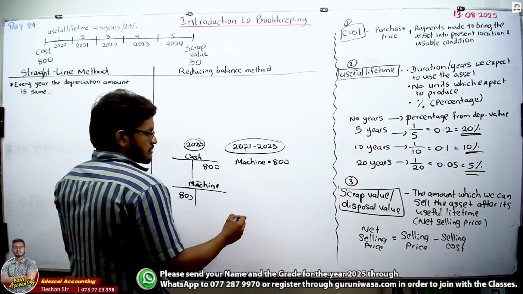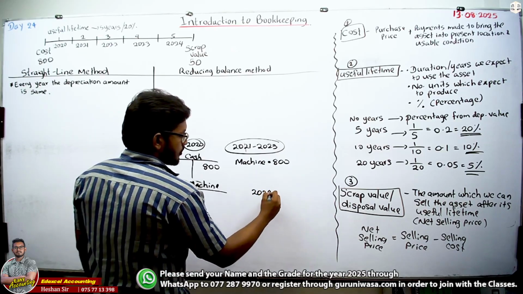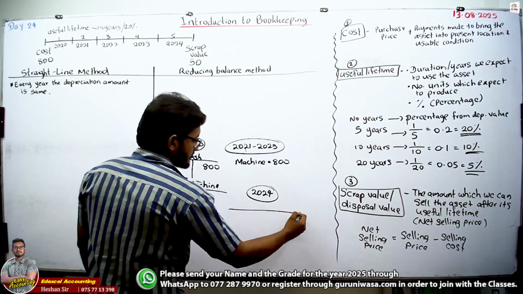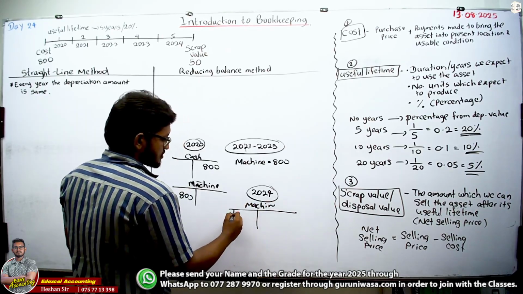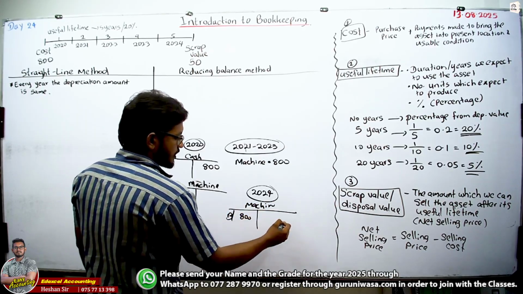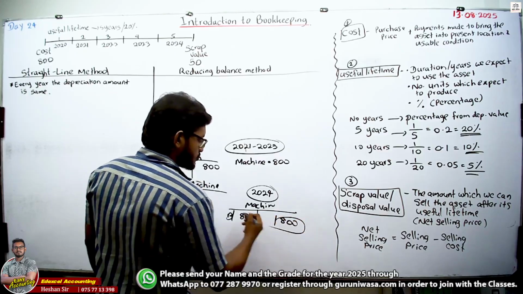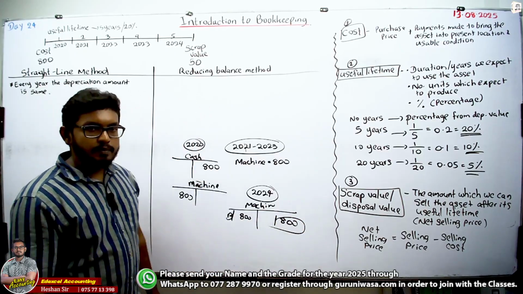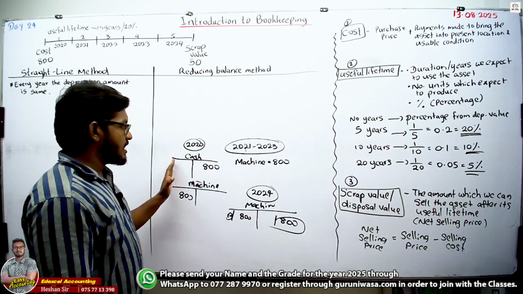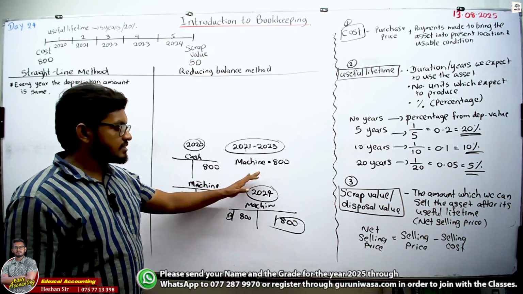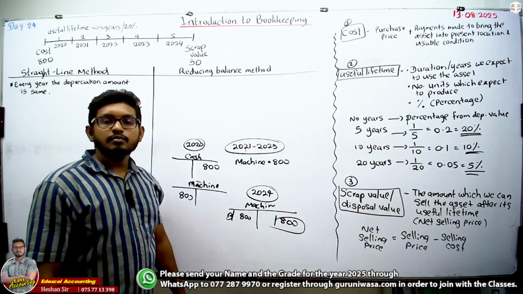But in 2024, you can see when we are selling it, the machine account balance was 800. When we are removing it, we remove the value. When we prepare the financial statements from this year to this year, there is a machine asset, but in this year the machine asset is removed.